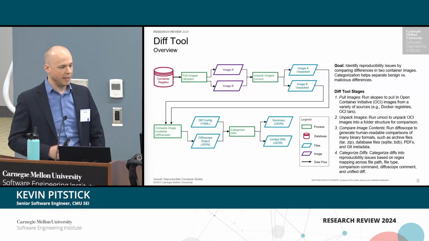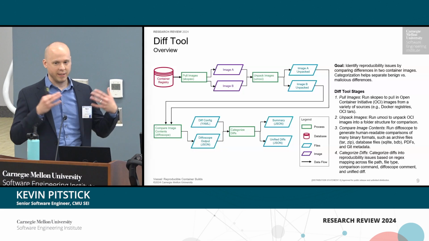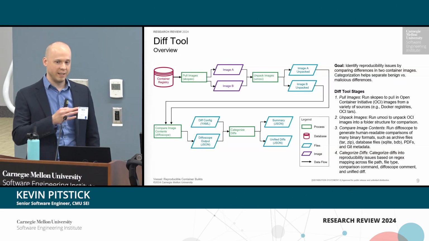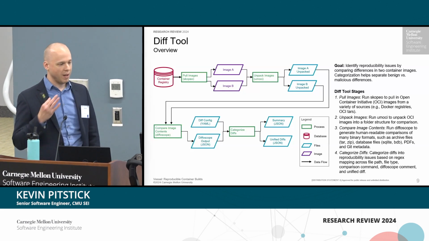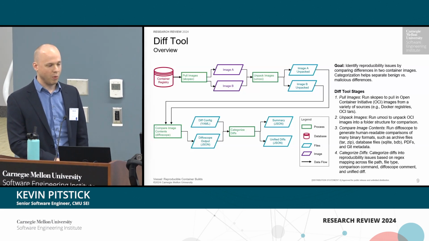One of the interesting things to note here is that we need root permissions in order to unpack them with the permissions that they come with, because one of the things we do analyze is what permissions are in the container, because that can be very important. Once you have the images unpacked, Diffoscope is a tool that we run against the 2 different folders.